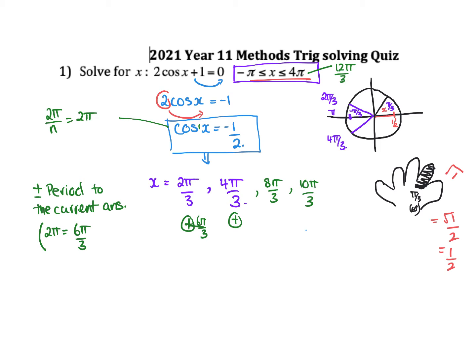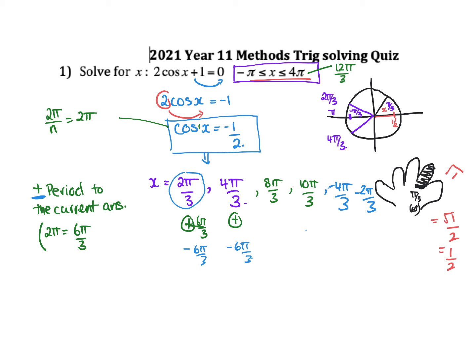Now I can also minus the period. So I can also subtract 6 pi on 3 from these answers. 2 pi on 3 minus 6 pi on 3 will be -4 pi on 3, and 4 pi on 3 minus 6 pi on 3 gives -2 pi on 3.